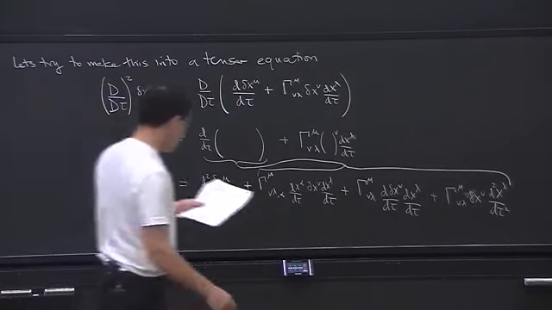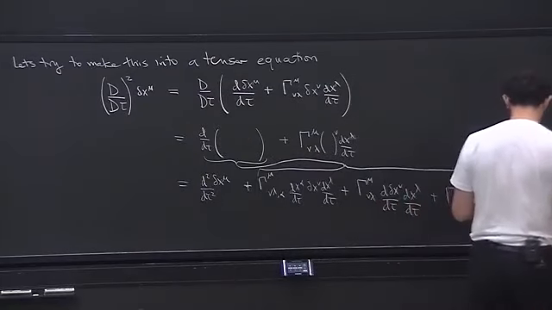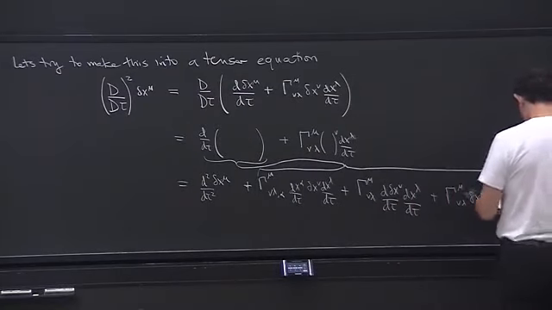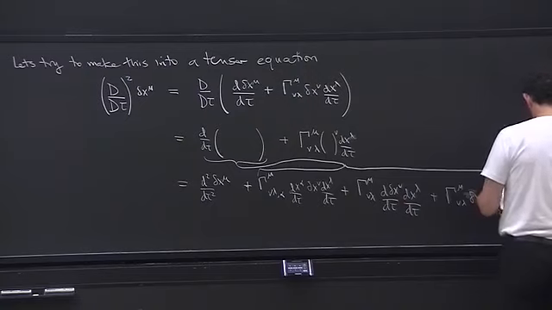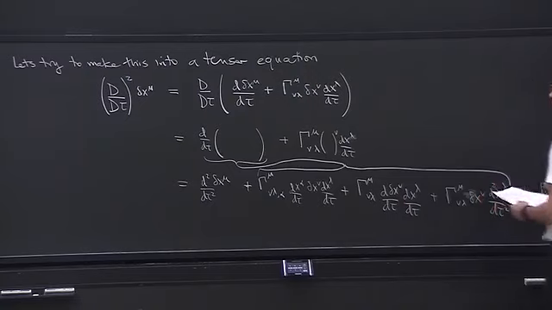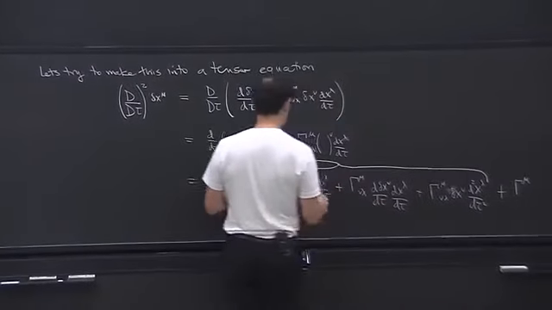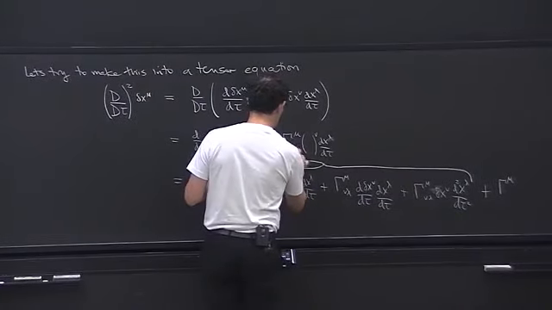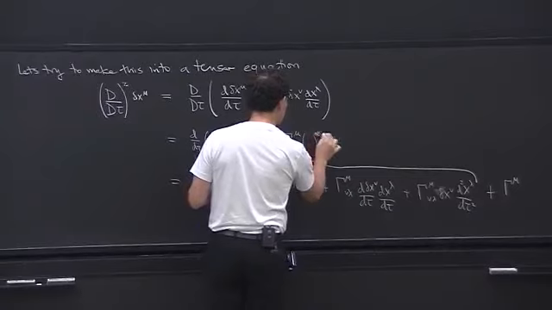And I've got to add in the last term, the second term, and that is plus gamma mu. Let me use some new indices here, alpha, beta.